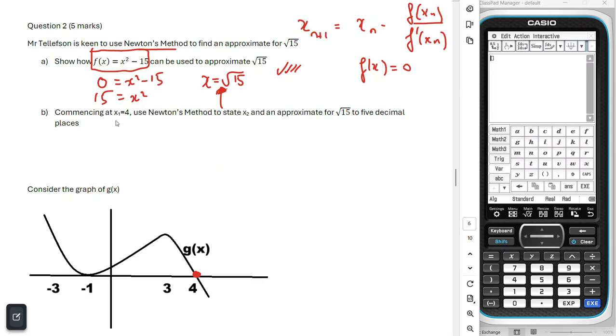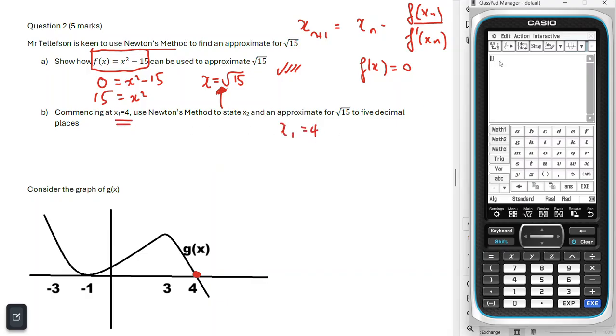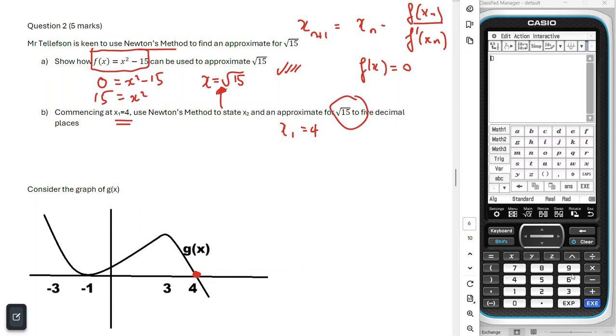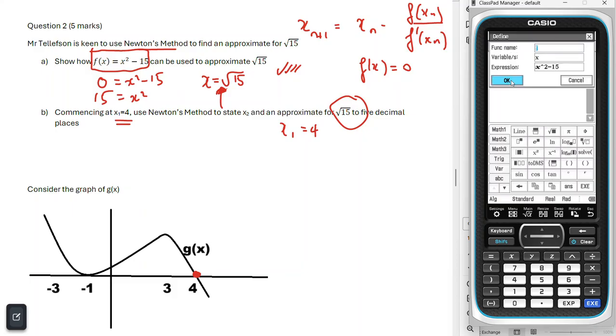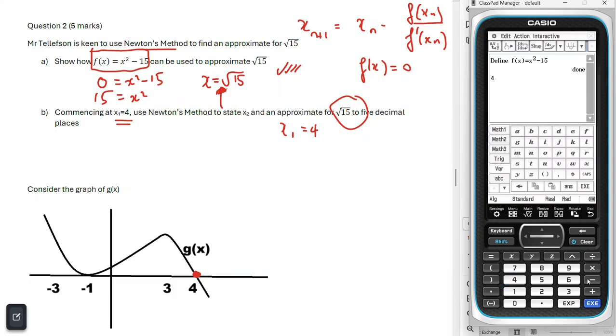So in this one here, I'm going to say that x1 is equal to 4. I know it's going to be x squared minus 15 because I'm approximating root 15, and I'm going to define that. Then I'm going to make 4 my first guess, and my next answer will be x minus a fraction.